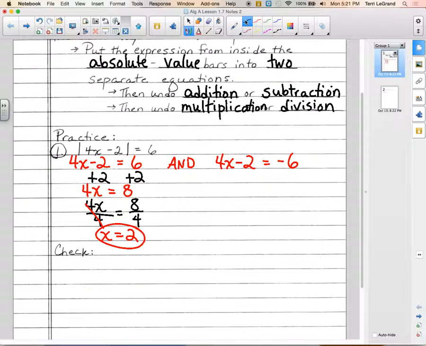So now we'll go over and solve the other equation, the other case. We'll do the same steps. We'll add 2 to both sides first. And then we'll have 4x by itself, and we'll do negative 6 plus 2, which is negative 4.